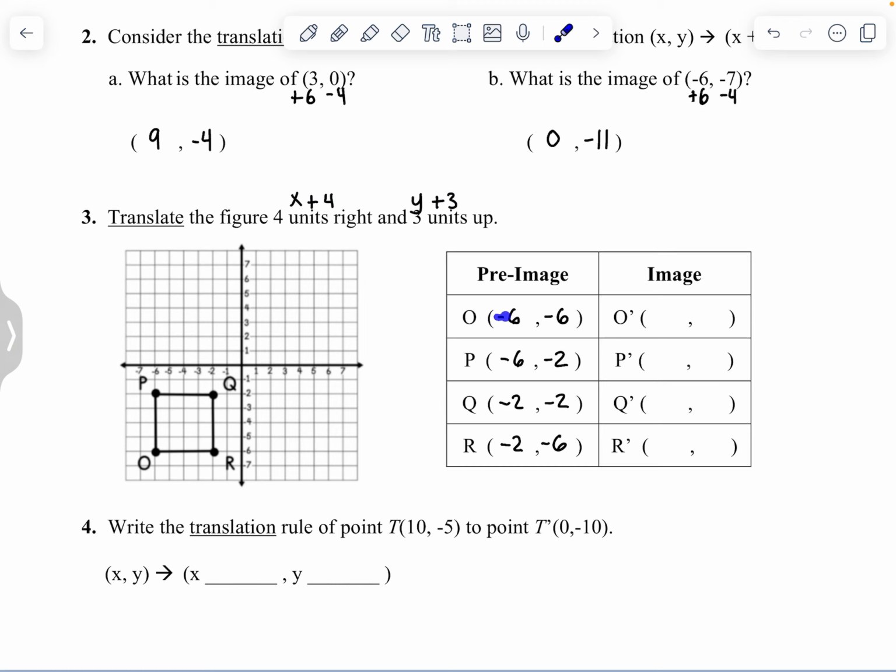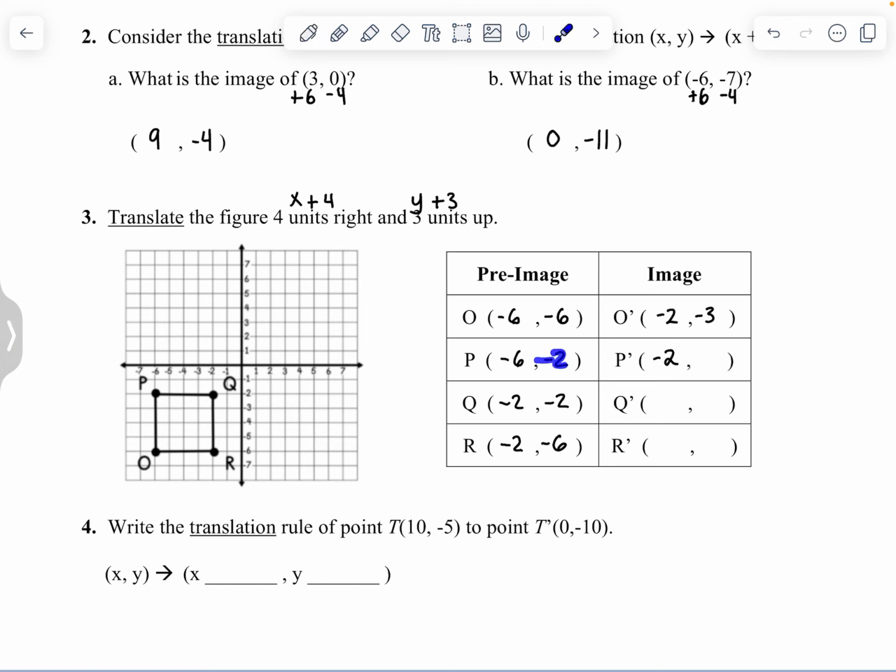So if we go -6 plus 4, we'll be at -2. And if we go -6 plus 3, that's at -3. So our image is going to overlap our pre-image, and that's okay. We'll see what that looks like here soon after we graph it. So now we need to go -6 plus 4. We land at the same place, -2.